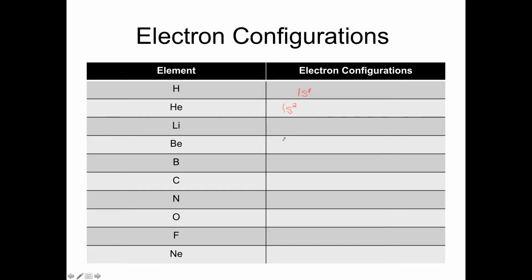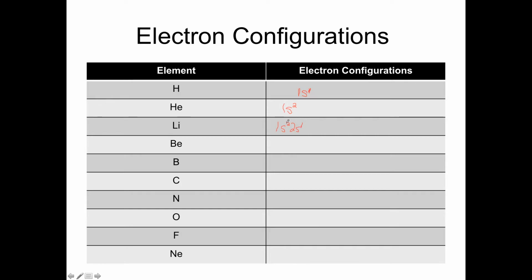When I do lithium, you have to remember, Aufbau's principle said start at the lowest possible energy first, then move up. So for lithium, I have to do 1s2, then I do 2s, because that's where lithium is, 1.